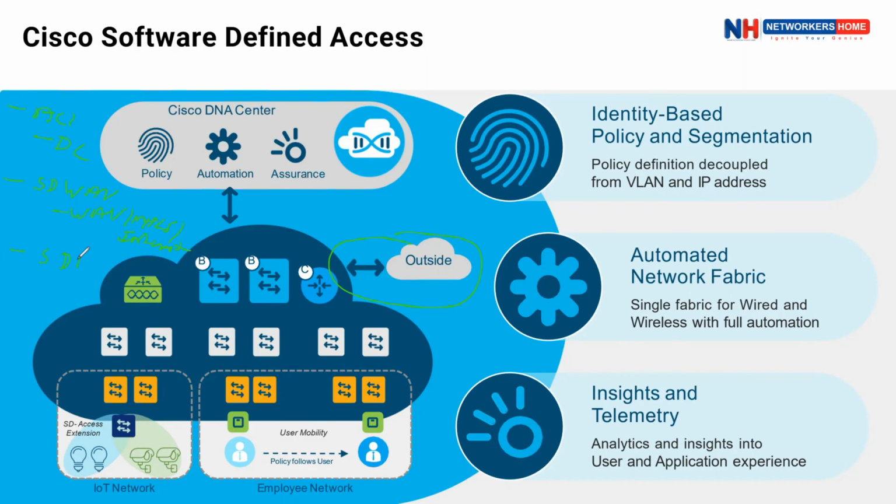And SDA is for campus and branch. You answered it very correctly. You yourself answered your question. Endpoints. Keep this in mind. ACI is for data center. SD-WAN is for managing the outside, the WAN network. And SDA is for managing the internal branch.